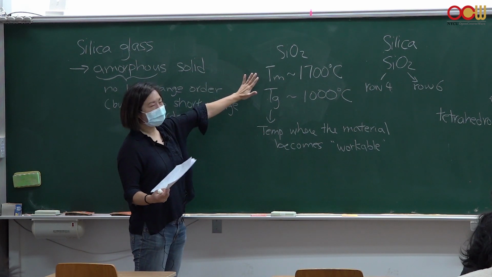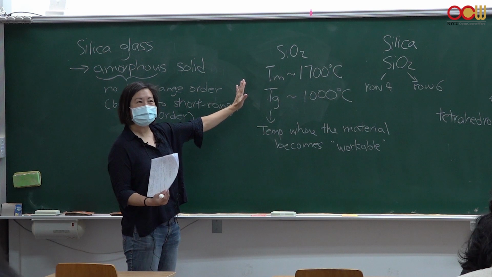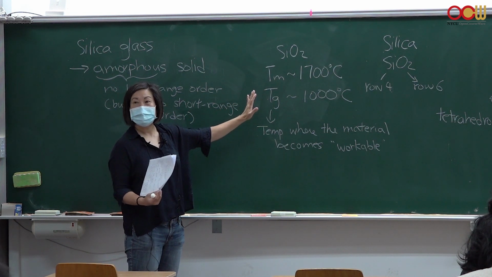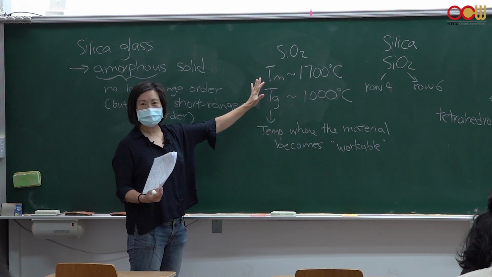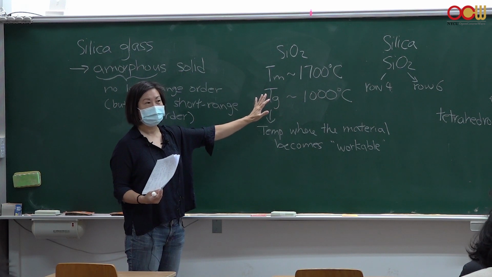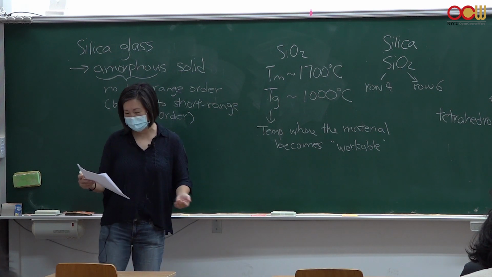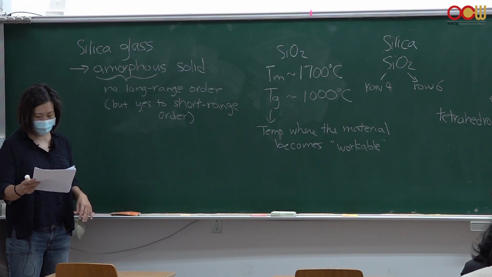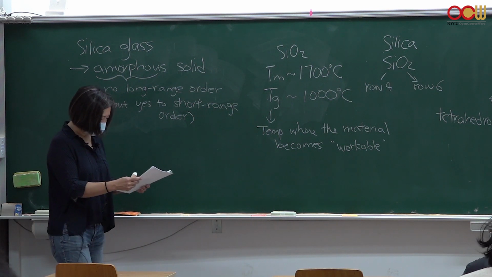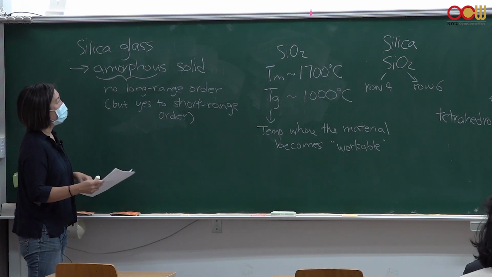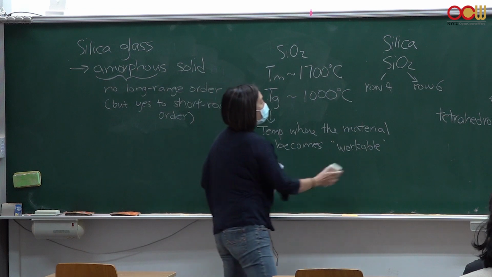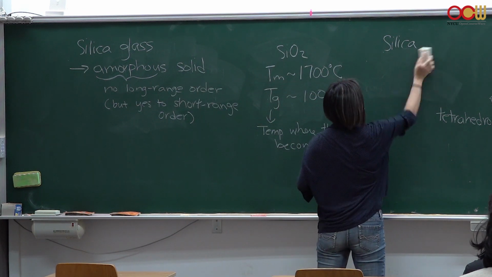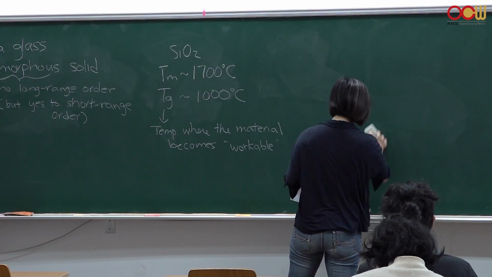So it is unlikely that the first people who made or discovered glass made pure silica glass, because the temperature is so high. It's unlikely that their campfire could reach 1,700 degrees Celsius. So it is most likely that the sand they were staying at had some impurities.